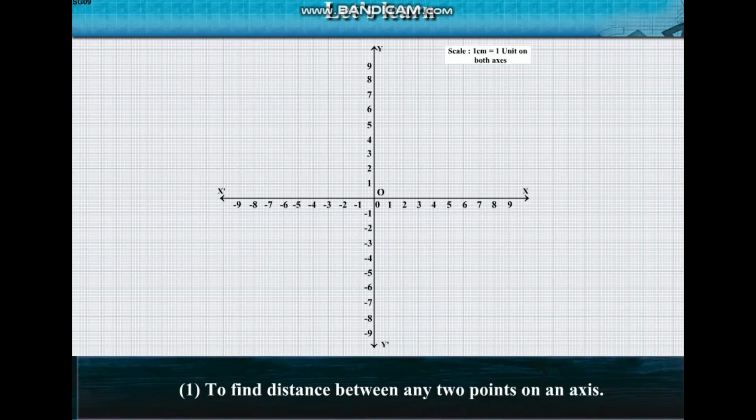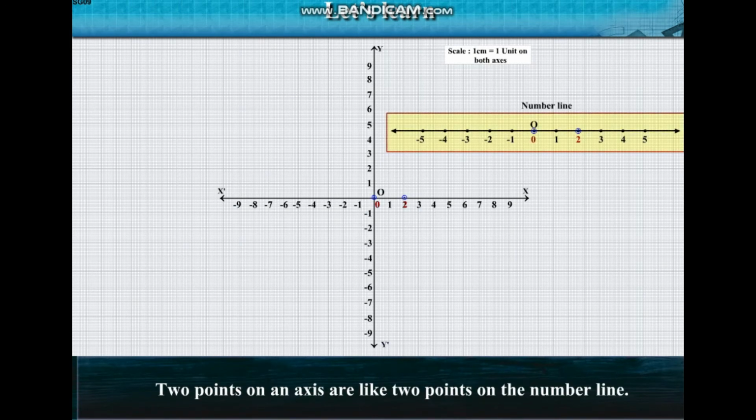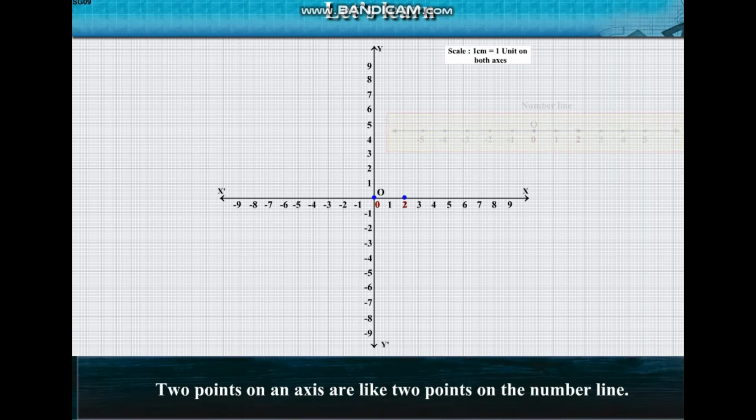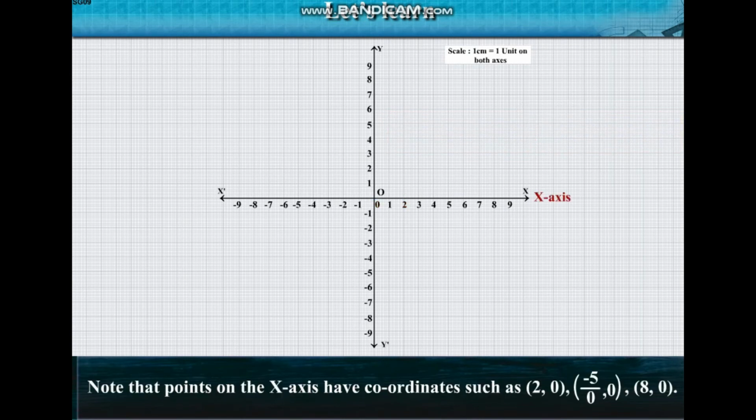Let's learn. 1. To find distance between any 2 points on an axis. 2 points on an axis are like 2 points on the number line. Note that points on the x-axis have coordinates such as (2, 0), (-5/2, 0), (8, 0).